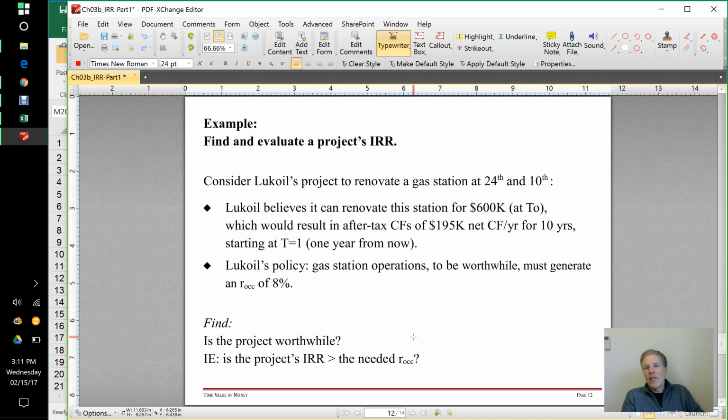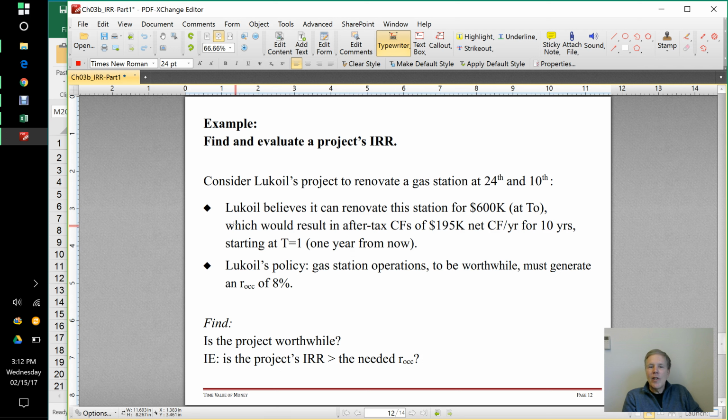Let's do another project now in Excel, and I'll bring up an Excel spreadsheet in just a second for this. So let's consider Lukoil owns the gas station in Manhattan at the corner of 24th and 10th.